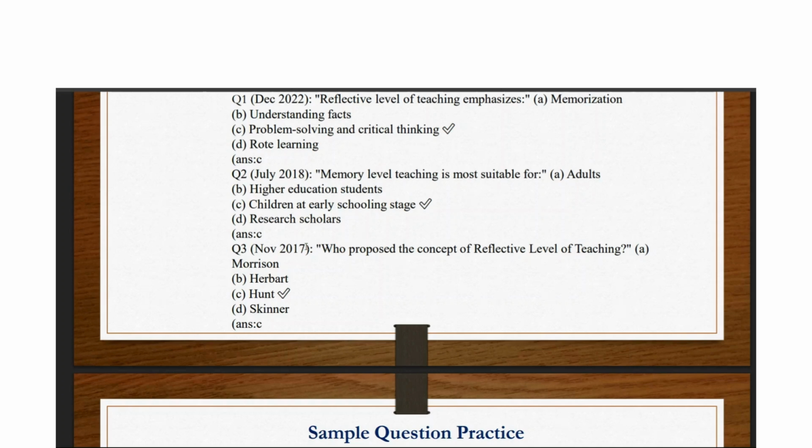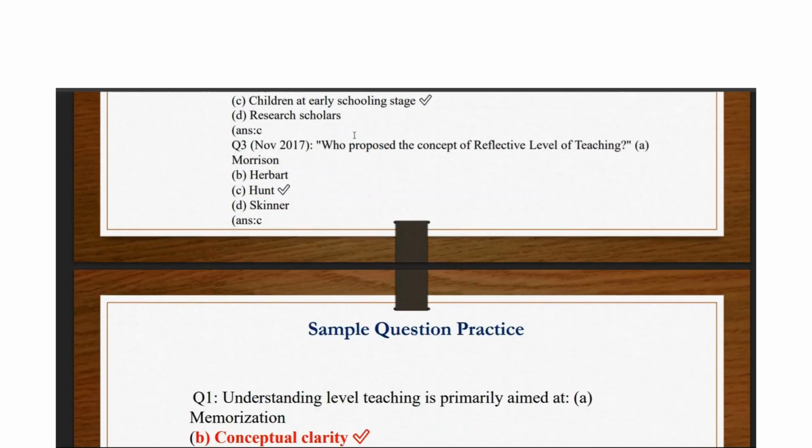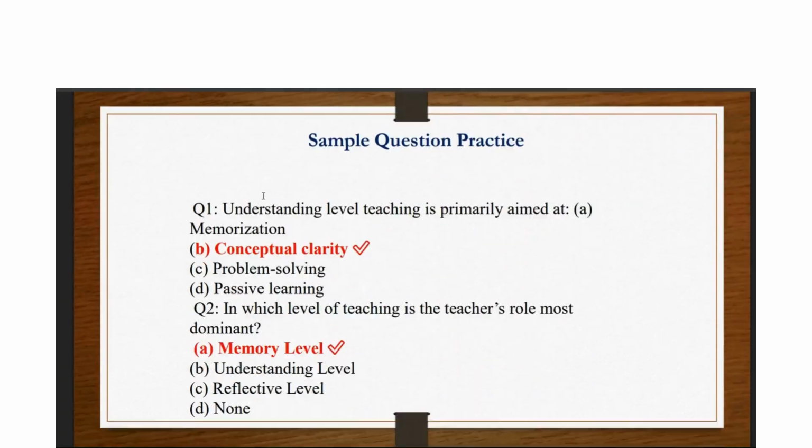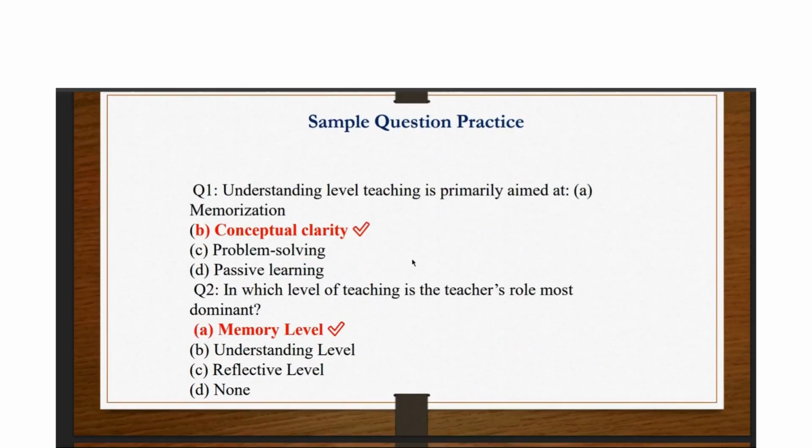In November 2017, who proposed the concept of reflective level of teaching? The answer is Hunt. Nowadays these types of factual questions are not coming in the UGC NET exam. More analytical, critical thinking questions are coming in the exams. These are the factual questions. And some more sample questions for practice.